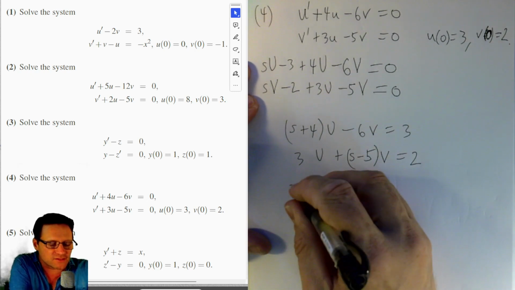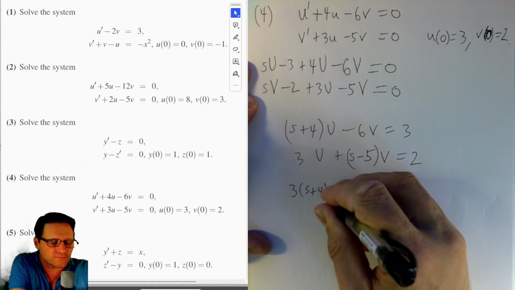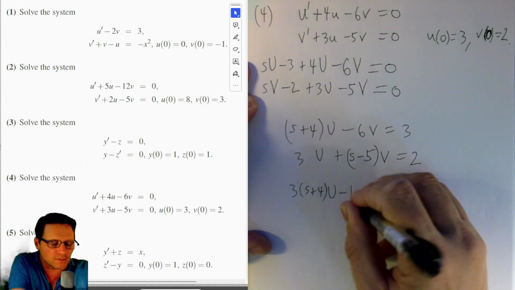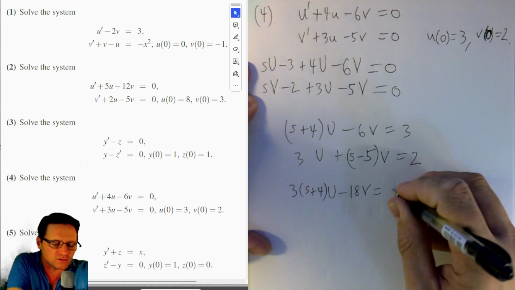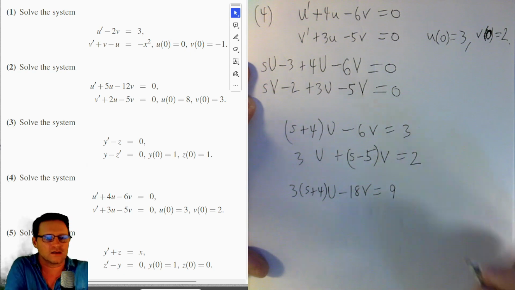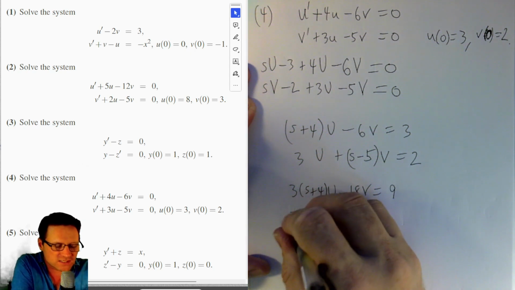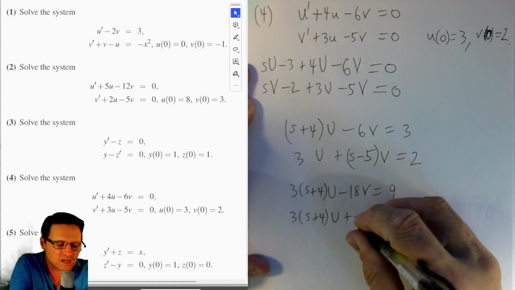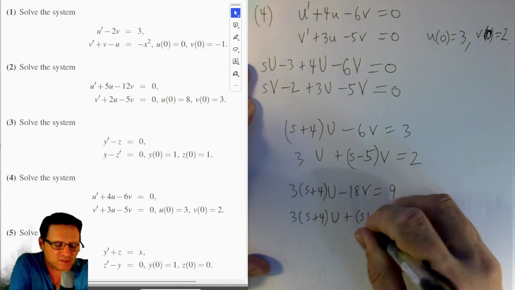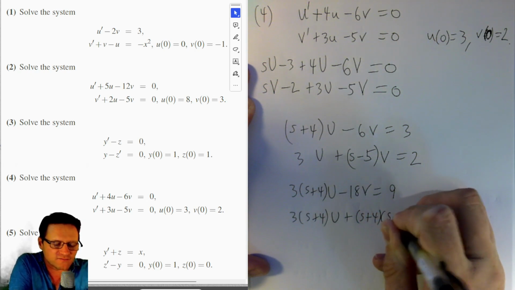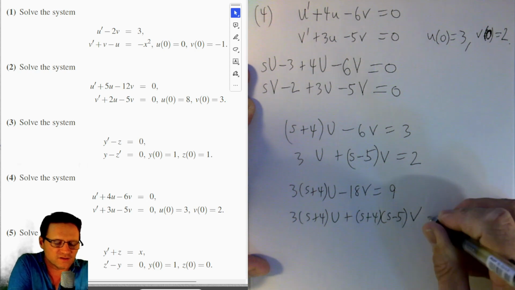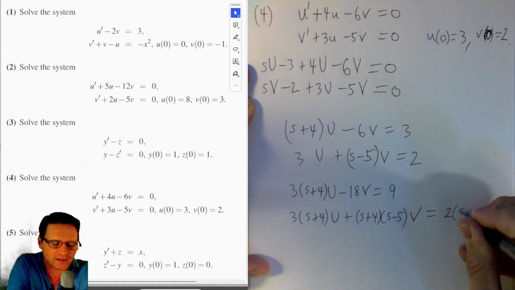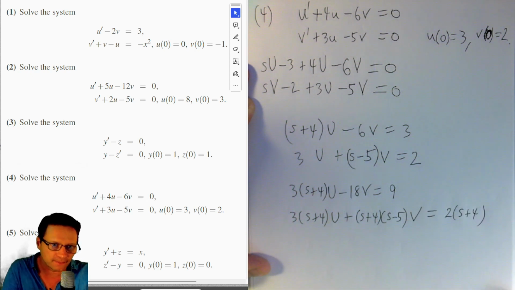So we've got then 3(s plus 4)U minus 18V equals 3 times 3 is 9. And then in the second equation, we have 3(s plus 4)U plus (s plus 4)(s minus 5)V equals 2 brackets s plus 4.